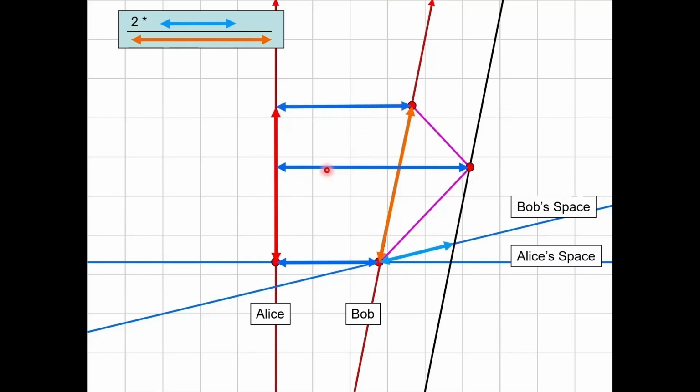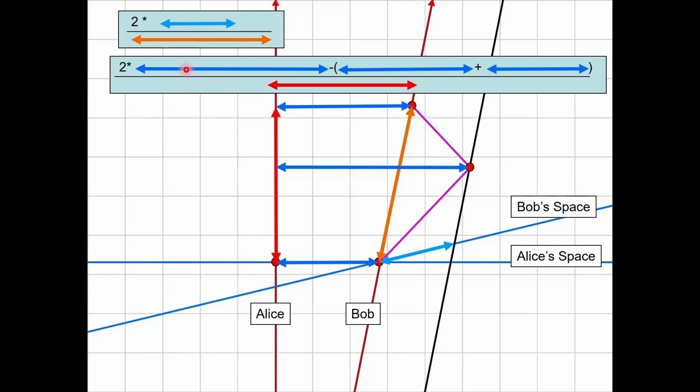So all in all, we have 2 times this distance minus this distance plus this distance. And this total distance that the information traveled from sending to receiving it back occurred over this amount of time, Alice's time. So this is when the information was sent according to Alice at this time, and this is when the information was received back according to Alice.